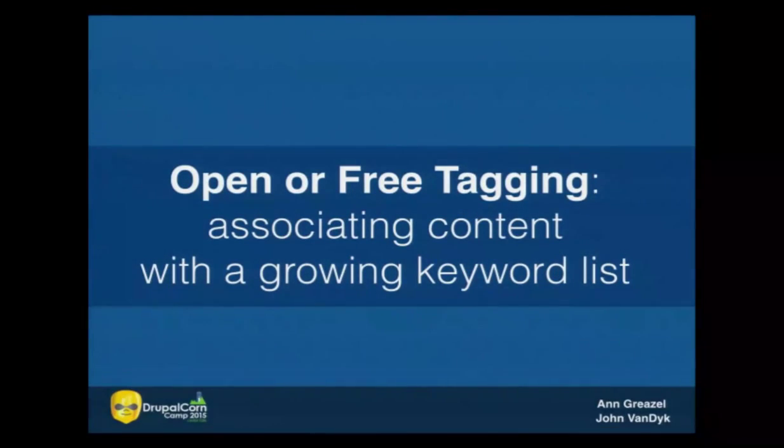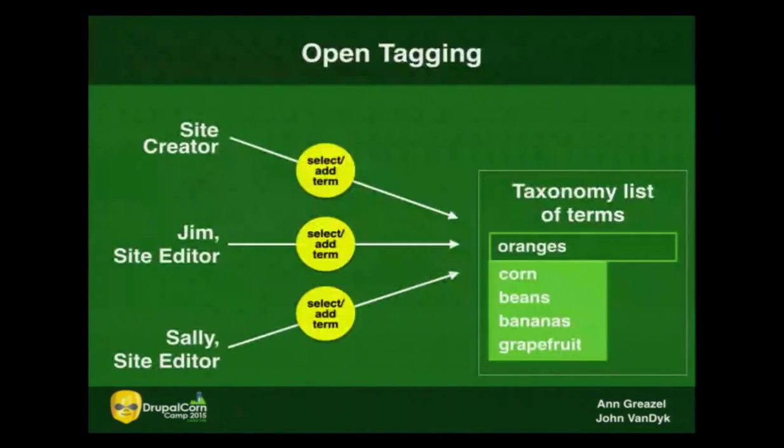Now what we're going to talk about is open tagging, or it's often called free tagging. And this is basically tagging with no limits. Anybody who's entering content and has access to the tags field is going to be able to enter whatever they want. And so for that, you would not use a radio button, right? You would give them a text field that they could type in a new tag if they wanted to.